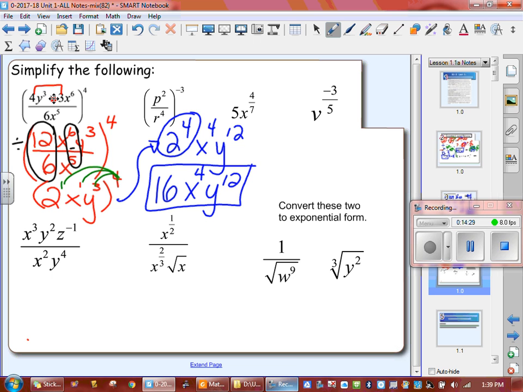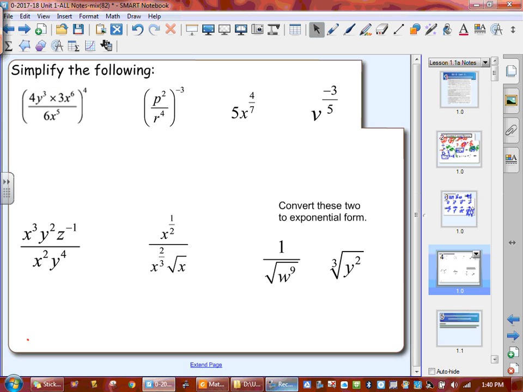Okay, now we're going to take our next one. What we notice is the only thing we can do with this question is flip the inside. That'll make the outside guy go positive. Or we can just multiply it in as a negative and then flip it in the end. 2 ways to do the question. It doesn't matter which way. I'm going to flip it inside.